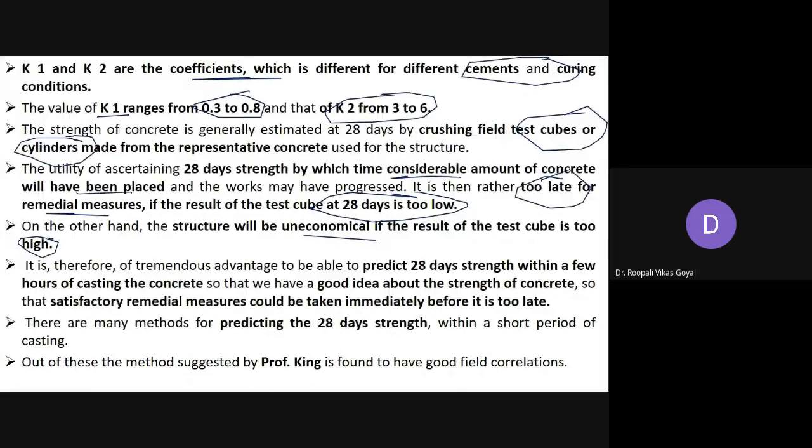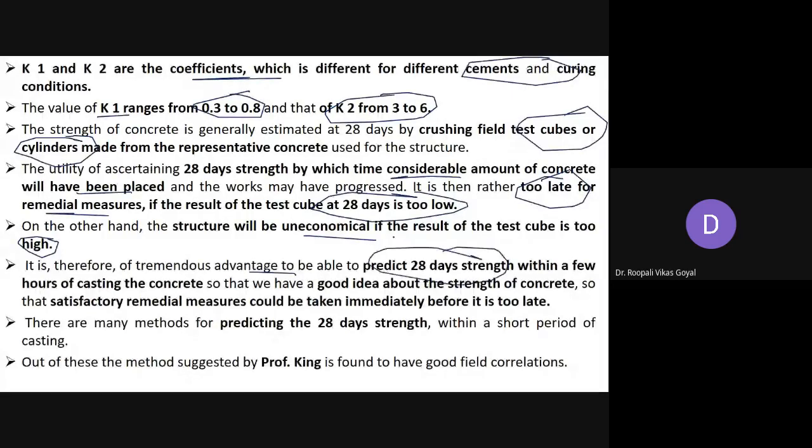So in both cases, whether you find out late that you have attained higher strength or lower strength, it is better to know the strength of concrete at early age and not wait for 28 days. That was the concept behind getting the strength result before 28 days. It is therefore of tremendous advantage to be able to predict 28 days strength within a few hours of casting the concrete.